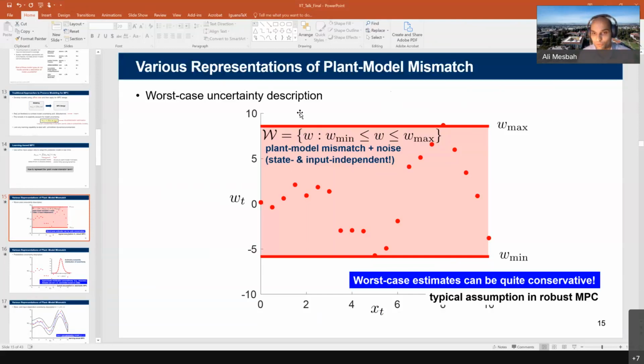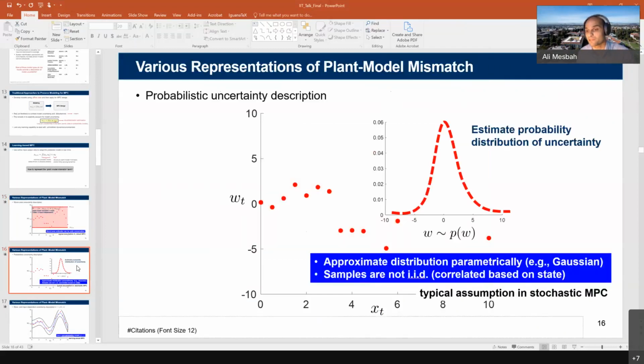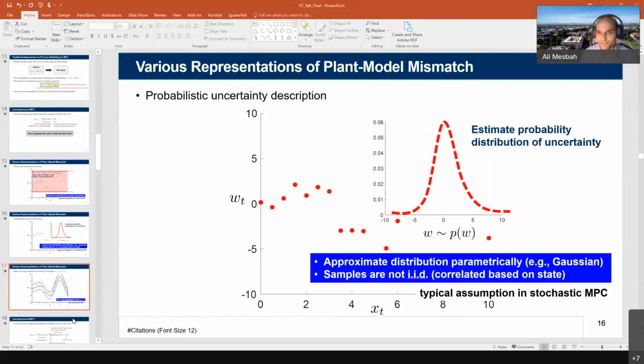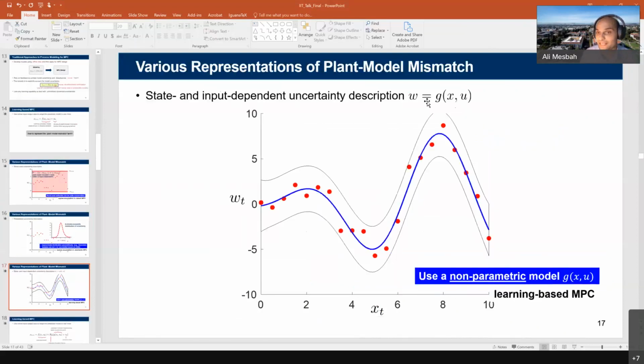We either use a worst case description of uncertainties or a probabilistic description of uncertainties. And the issue here is that neither of these approaches is learning based, in the sense that they cannot handle state and input descriptions of uncertainty. So as opposed to a rigid fixed description of uncertainties, we want to transition to state and input dependent descriptions of uncertainty.